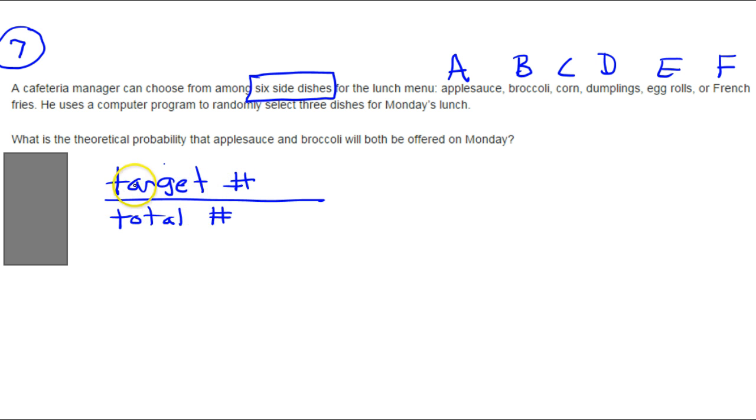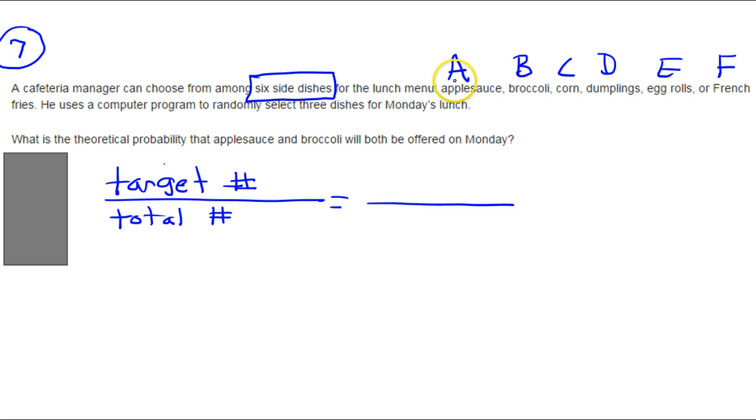All right, it's the number of target outcomes divided by the total number of outcomes. So in this case, the target outcomes are outcomes that involve broccoli and applesauce. So we need to figure out how many outcomes would involve applesauce and broccoli, and what's the total number of outcomes. All right, let's start with the total number of outcomes.